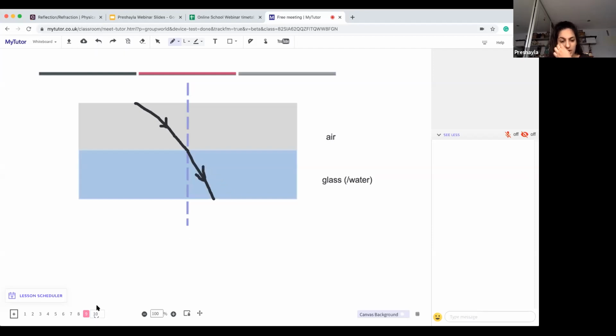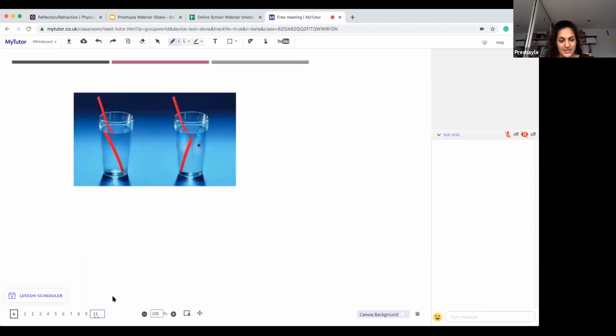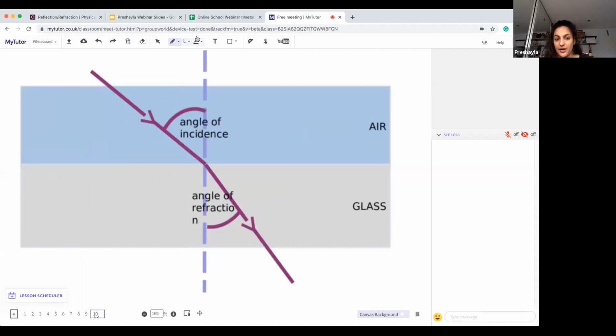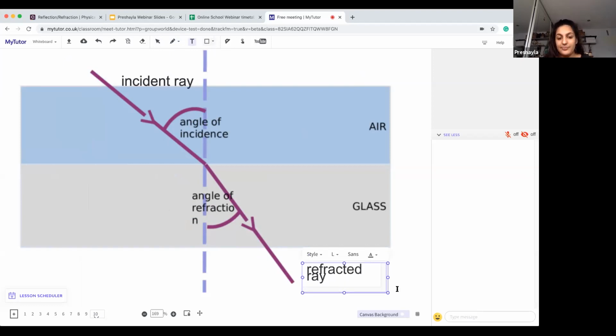Okay, so let's have a look at our completed ray diagram. We have our incident ray, okay, still called the incident ray. However, the other ray is now called the refracted ray. Makes sense, really.